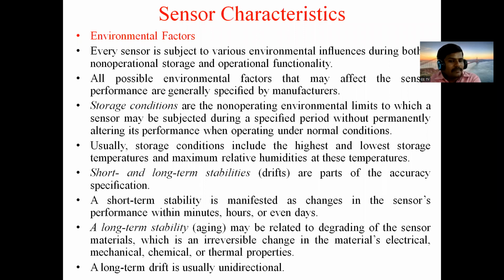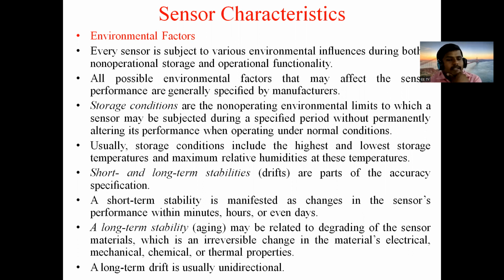So again, short and long term stability. If drifts are part of the accuracy specification, if dirt or disturbance occurs, like a transient, then there is some short time and long time stability.